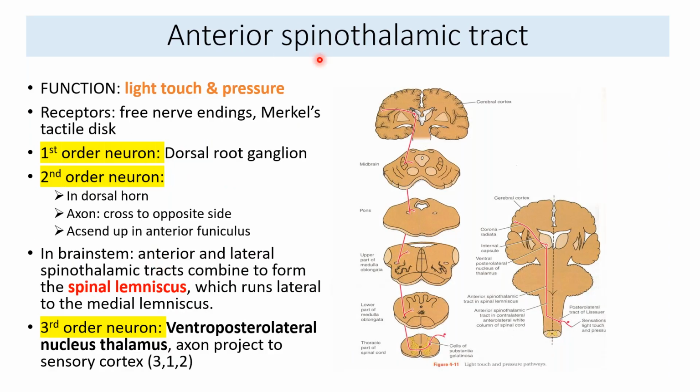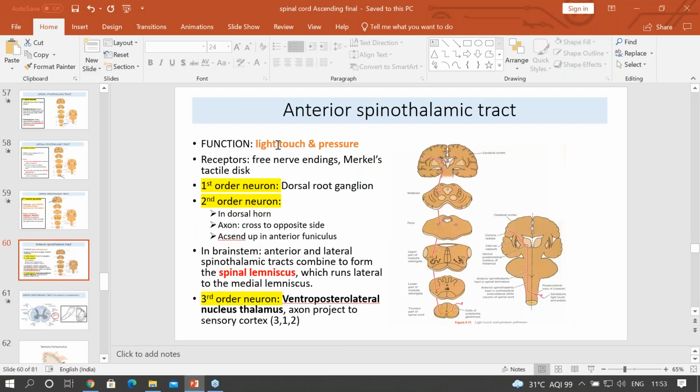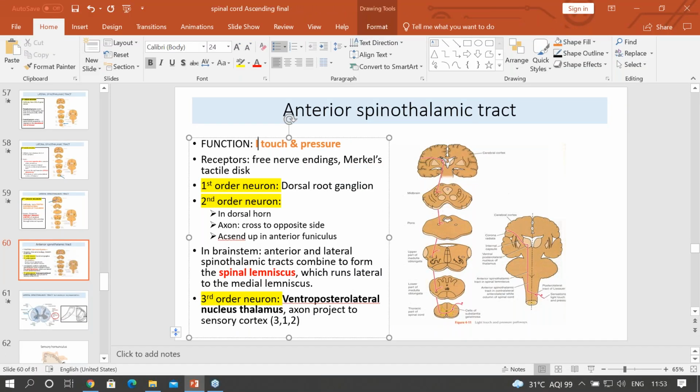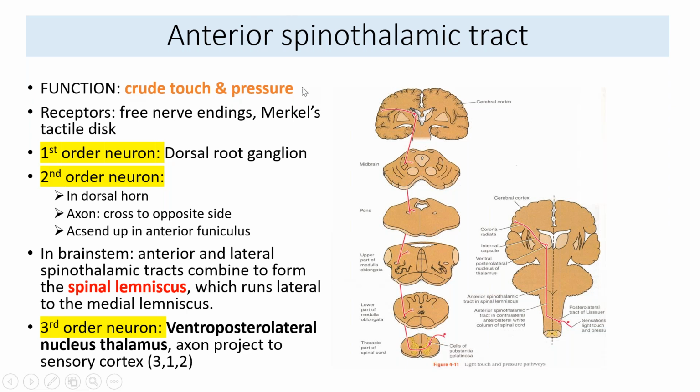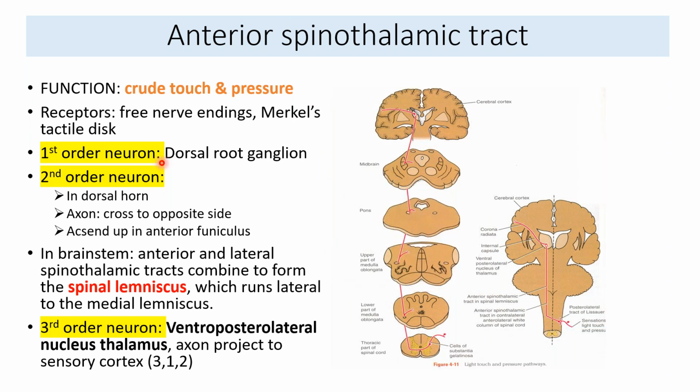The anterior spinothalamic tract carries crude touch and pressure. So crude touch and pressure is carried by the anterior spinothalamic tract. The receptors are the free nerve endings and Merkel's discs, and the first order neuron again will be the dorsal root ganglion.